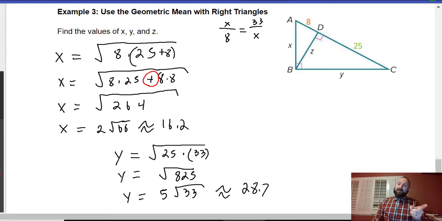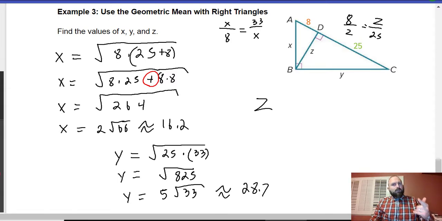All right, so now we did x, we did y, now we're going to do z. Now this one, instead of using legs, we're dealing with the altitude. So we're going to figure it out using the altitude theorem. Remember with the altitude theorem, this part over z is equal to z over 25.